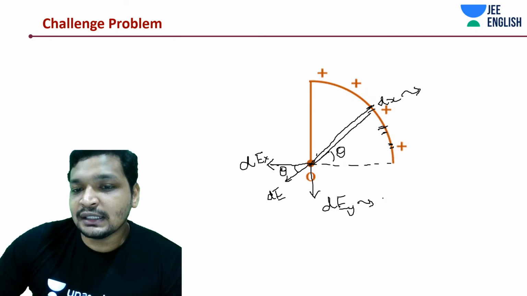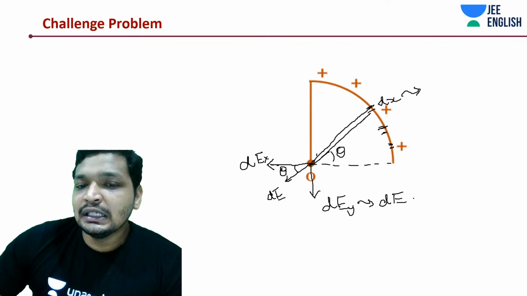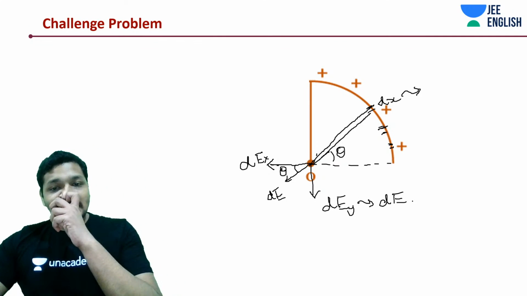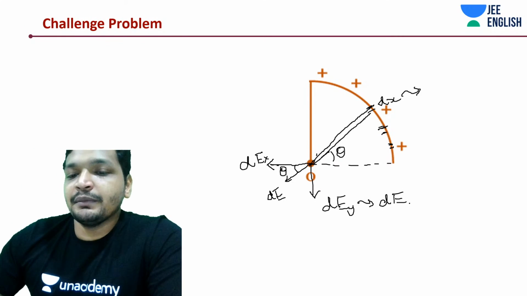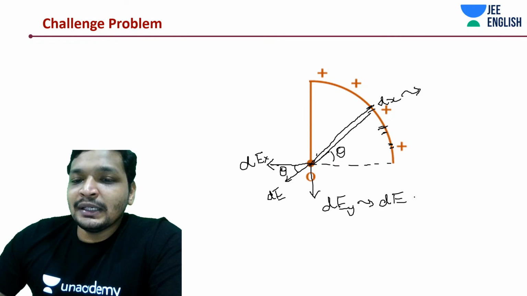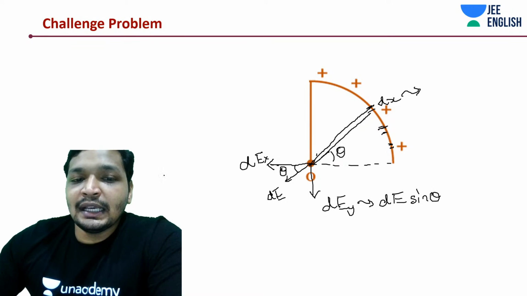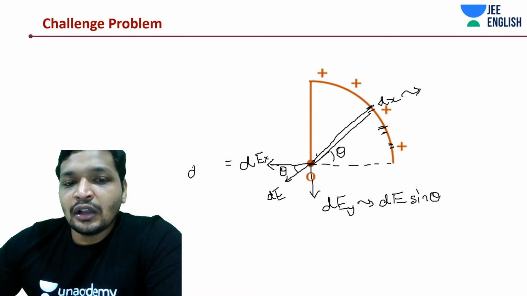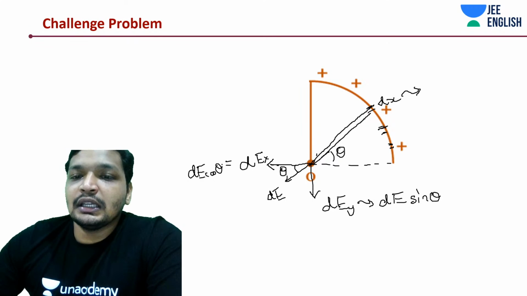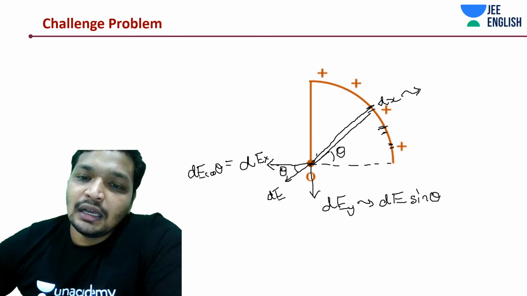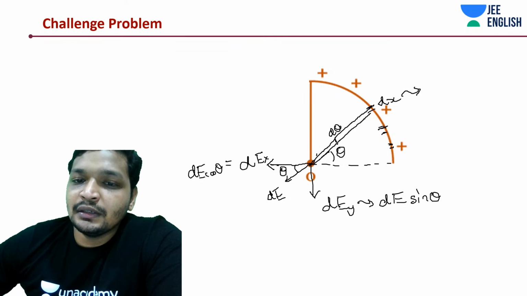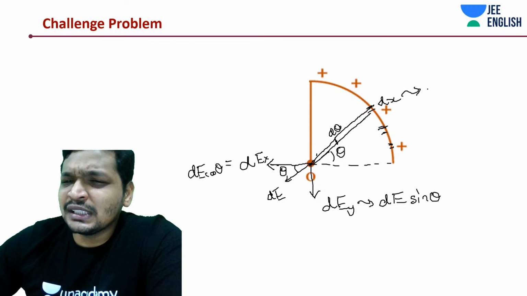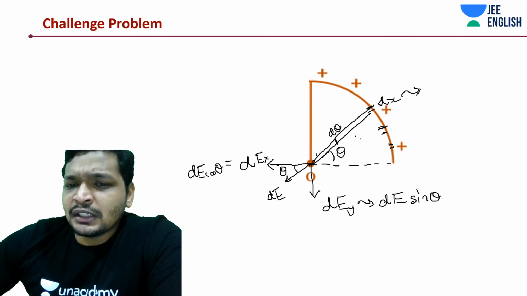If this entire thing is dE, this is dE sine theta. We'll begin from there. This will be easy. So this is going to be dE sine theta, and dE cos theta. And this is how much? d theta, the small element over here. And how much is dx? If you remember, this ring has radius r.